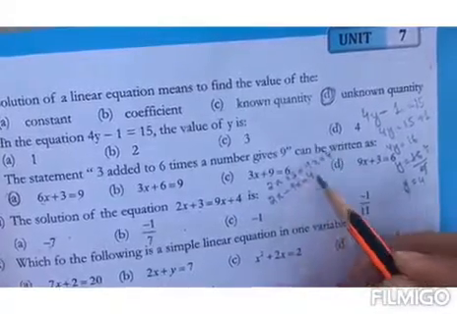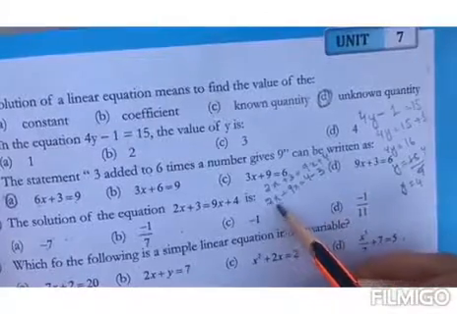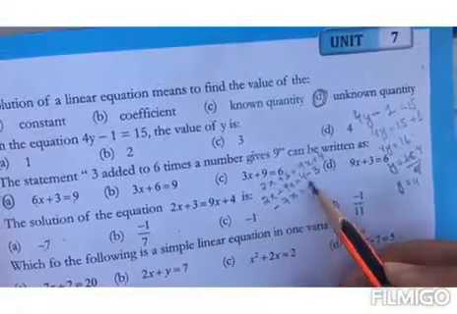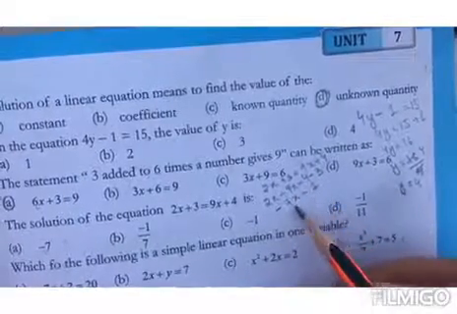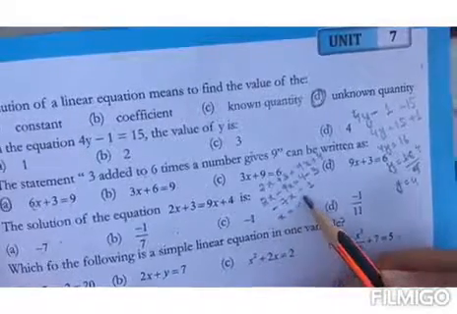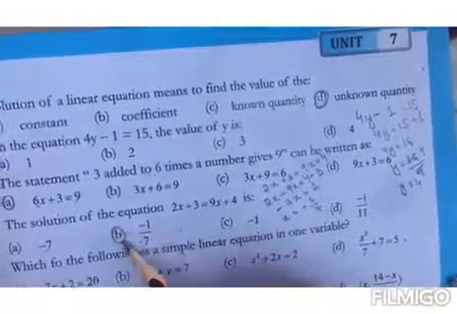I will move 3 on this side and it will become minus 4 minus 3. 2 minus 9 will be equal to minus 7x is equal to 1. I will move the 7 on this side and minus will move with it. So it will be x is equal to minus 1 over 7. So I can say that this B is the correct option.